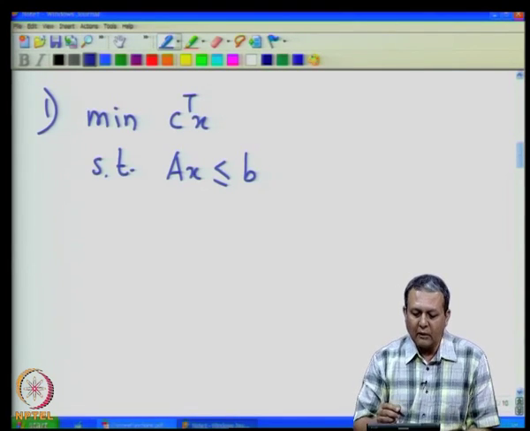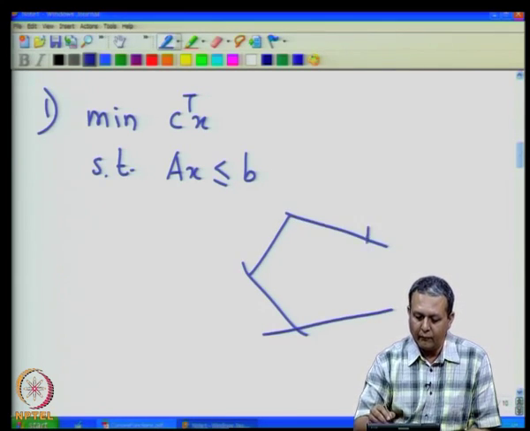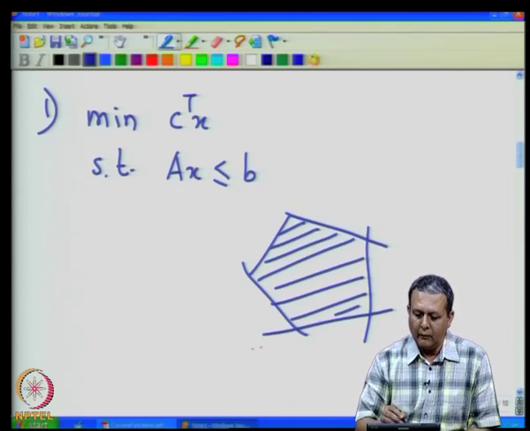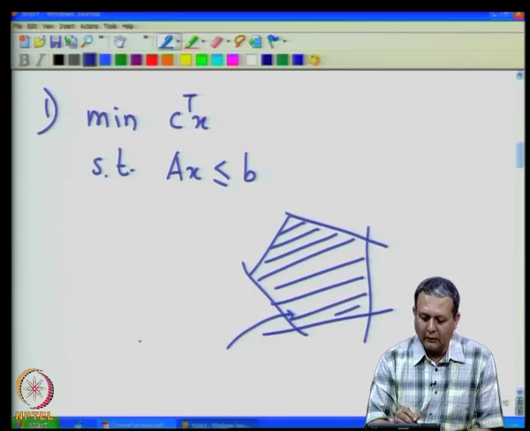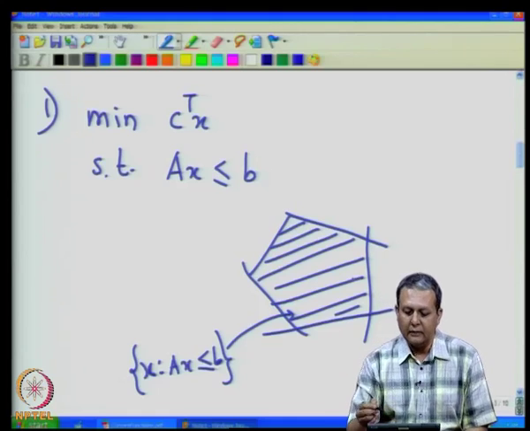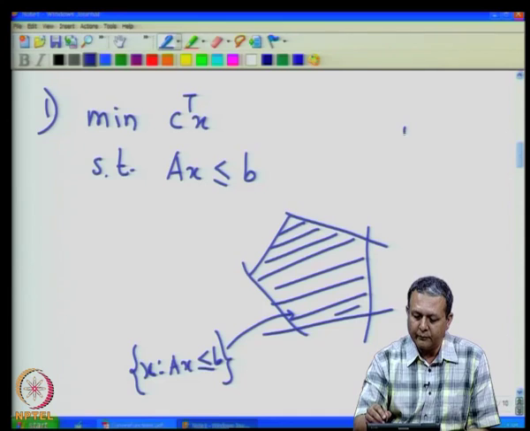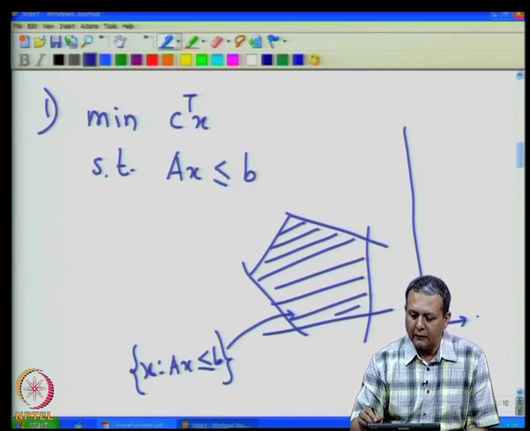Now, if you want to see an example of one such problem, suppose this is our set of all x such that A x less than or equal to b. So, this is our constraint set, and suppose our function that we want to minimize is an affine function.